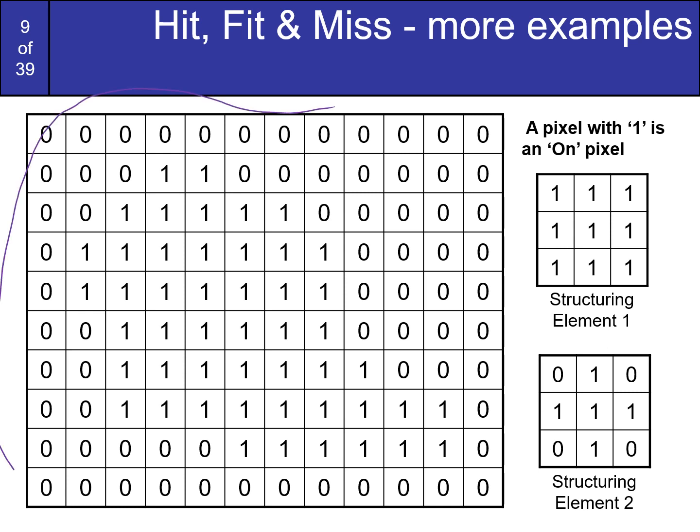Here is the image, and consider two different structuring elements: structuring element 1 with all ones, and structuring element 2, a cross shape of 1s.